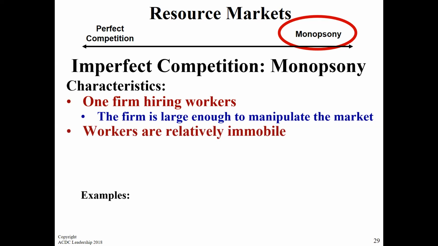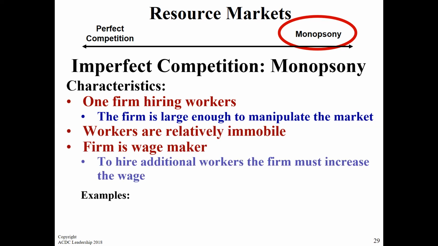Workers are relatively immobile. Otherwise, the monopsony would only work if you want to drive 200 miles to work in your hospital. The firm is a wage maker, and as Nicholas said, they're going to make the wages lower.